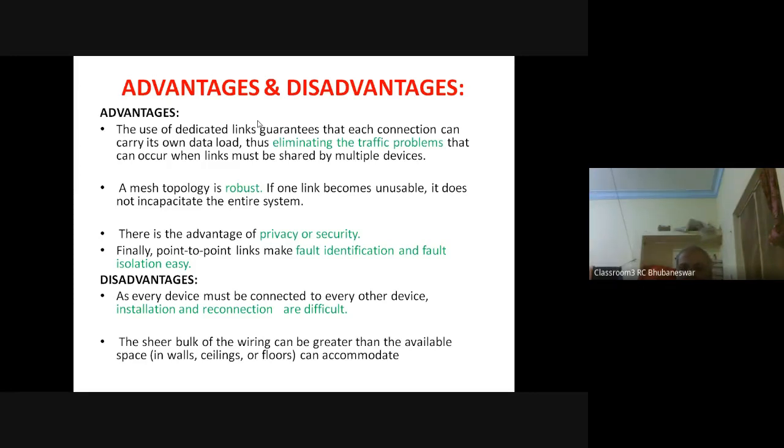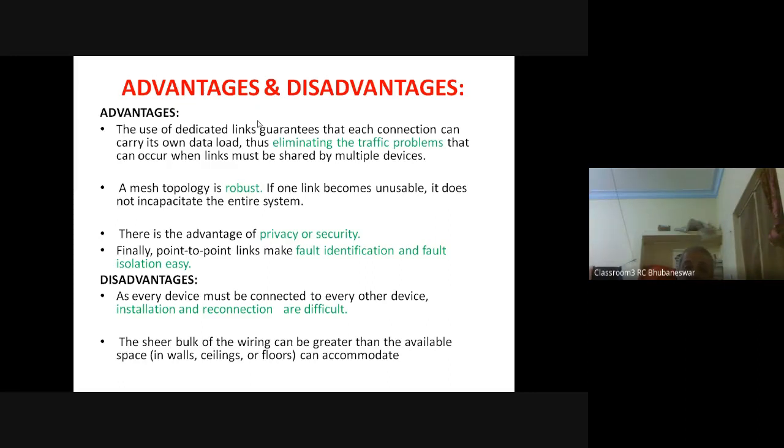All these are the advantages, but disadvantages is, now let's take an example, if there are thousands of nodes, if we interconnect them using mesh topology, we need how many links?